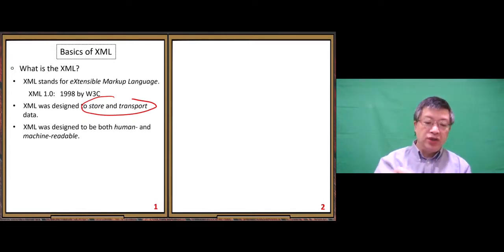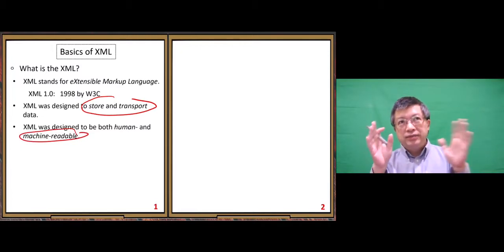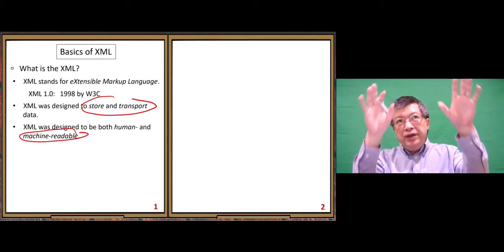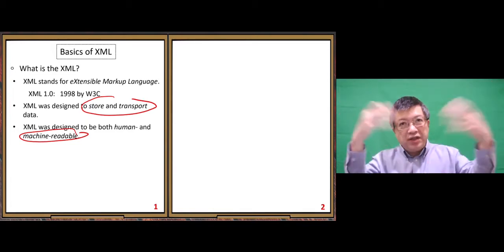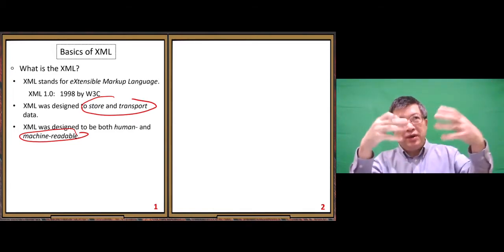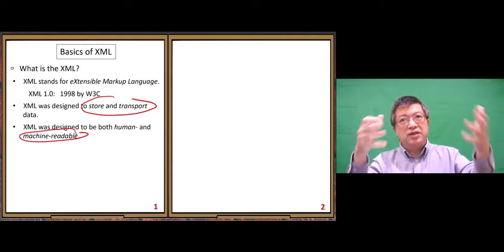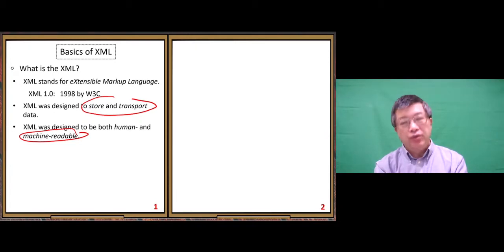So what do we mean by machine readable? Many different software applications can easily understand and process XML data. That is the meaning of machine readable.